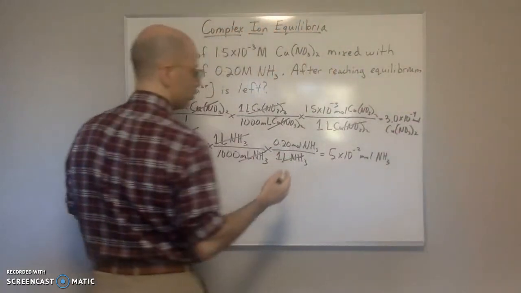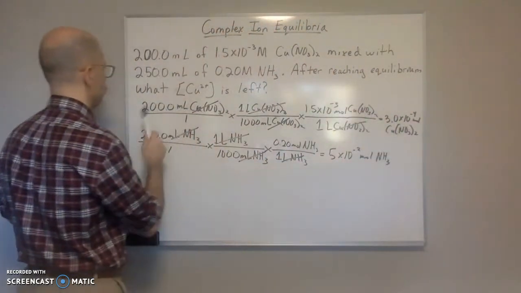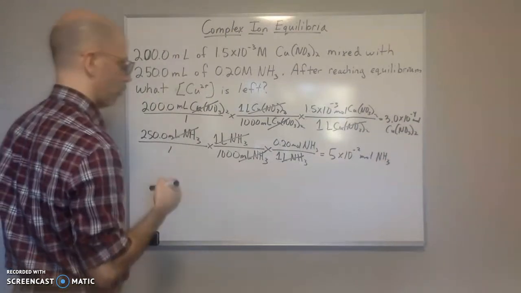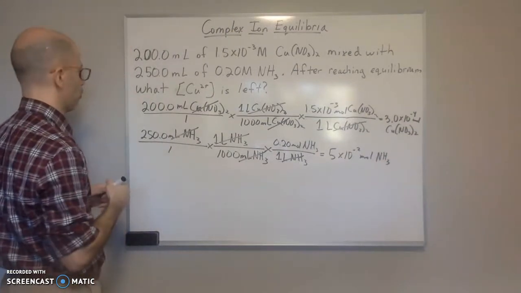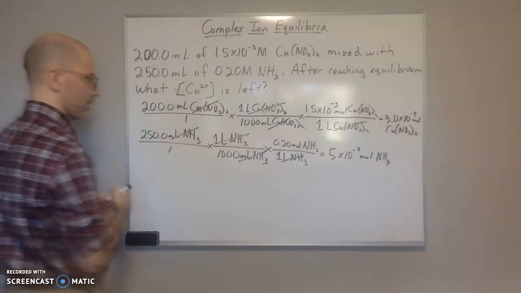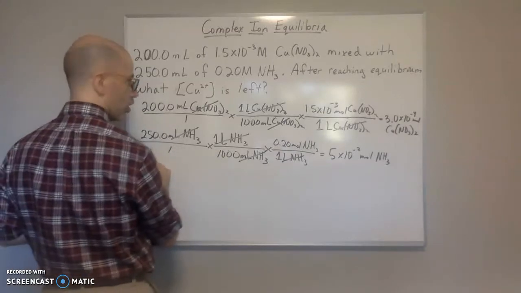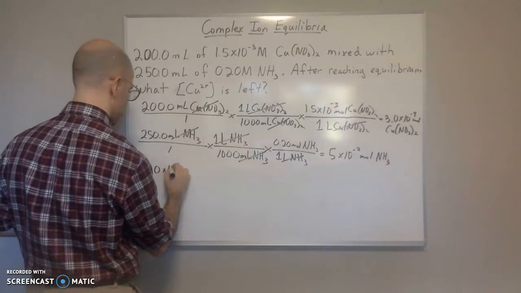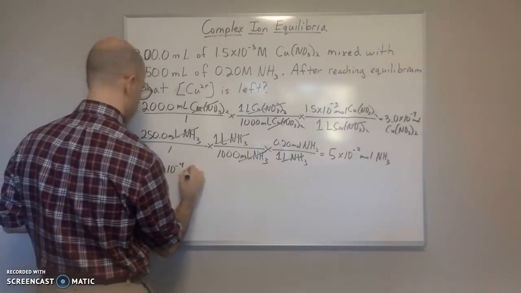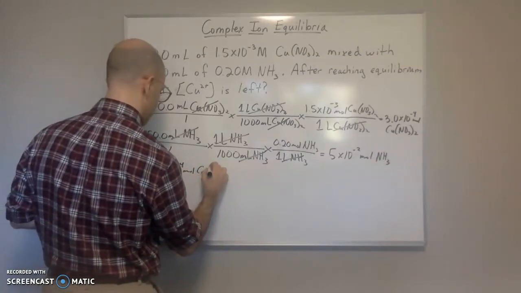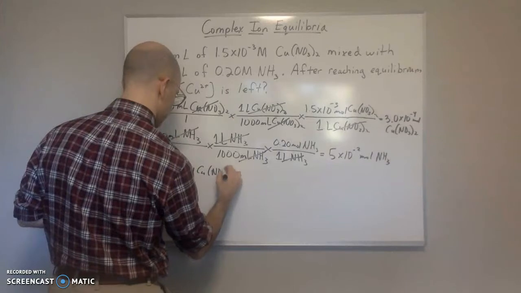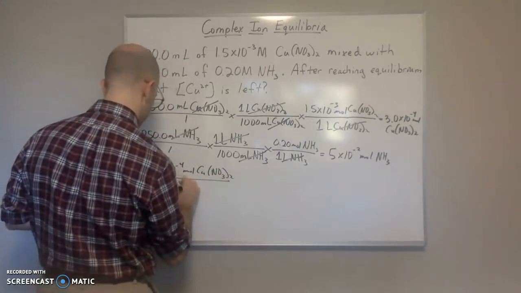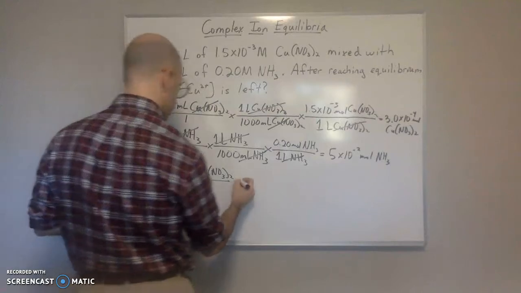And then now all we need to do is divide those moles by the new volume. 200 plus 250 gives us 450 milliliters, or 0.45 liters. So if we take 3.0 times 10 to the negative 4 moles of the copper 2 nitrate, divide that by 0.450 liters.